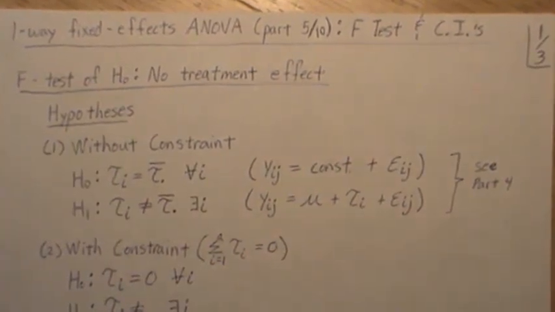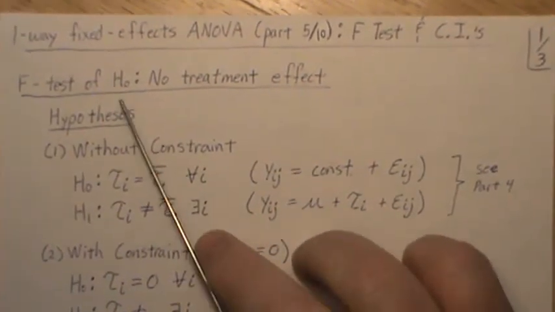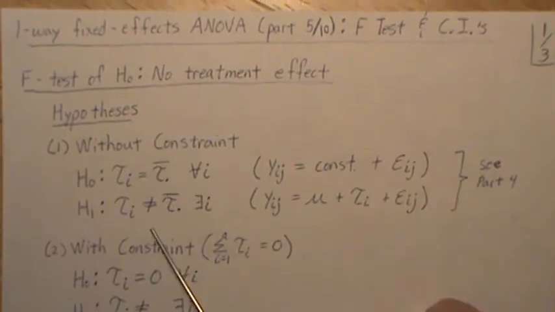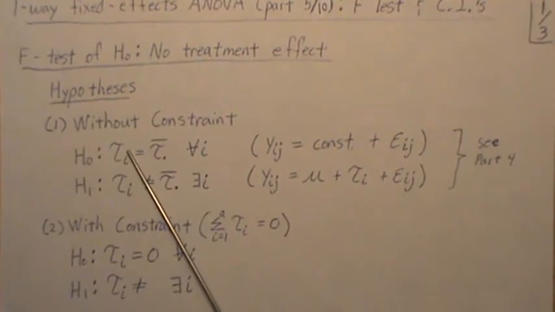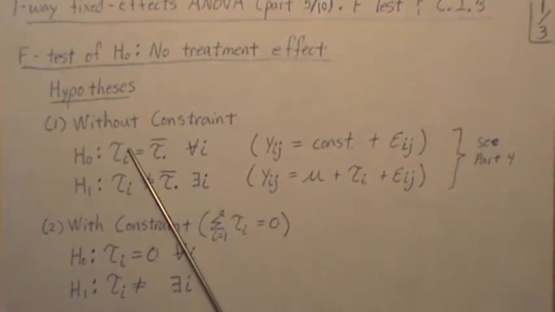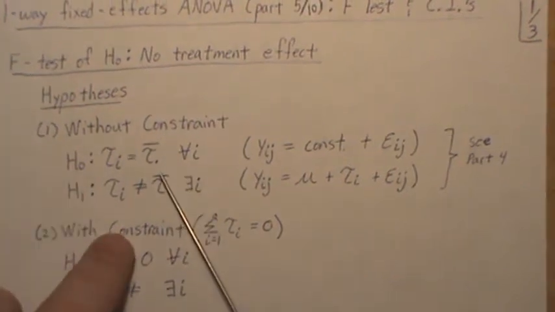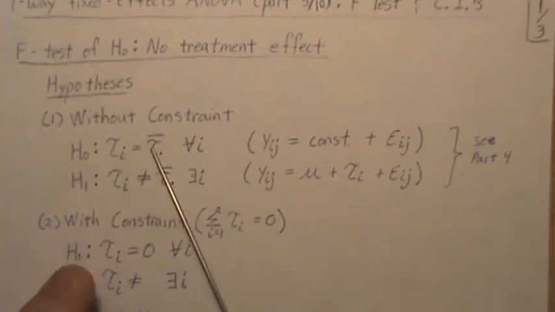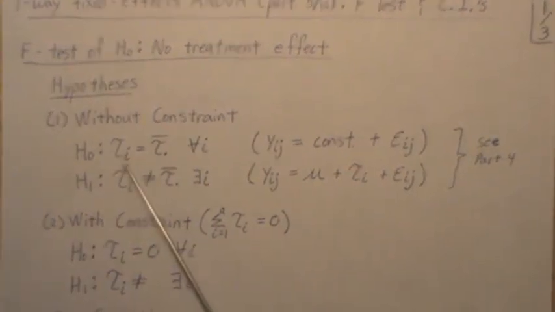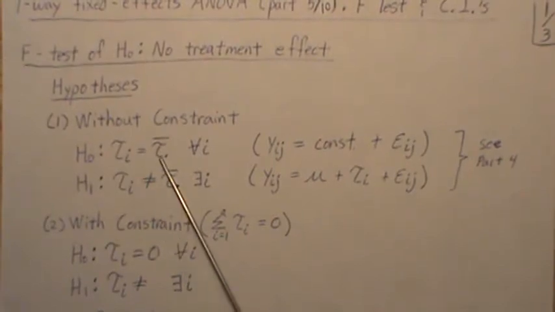So an f-test of no treatment effect is developed like this. If you go back to the previous parts, the model we could consider without constraints and with constraints. First, without constraints, the no treatment effect is that all the tau i parameters are equal to the same value, say their grand mean.